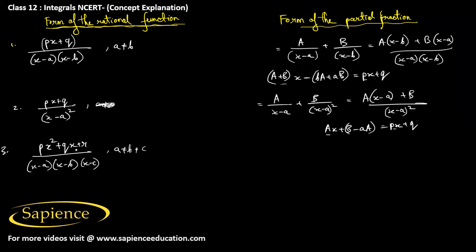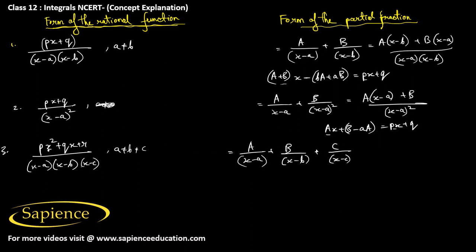Here we can see that the numerator is a quadratic function and the denominator is a cubic function, a polynomial of degree 3. So then this can be written as A by x minus a plus B by x minus b plus C by x minus c.